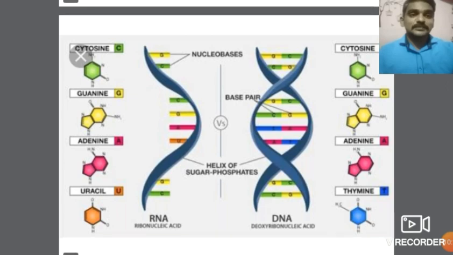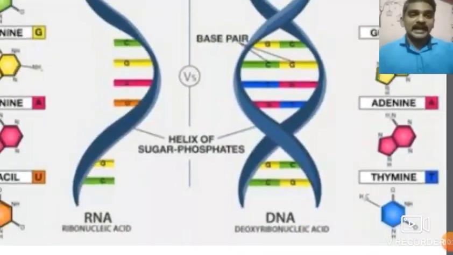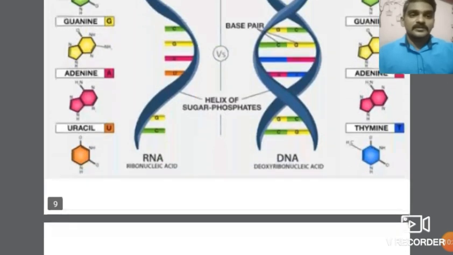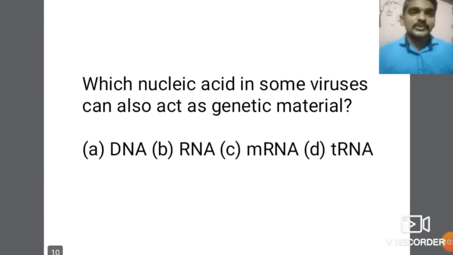RNA means ribonucleic acid. DNA means what? Deoxyribonucleic acid. So these are the two nucleic acids present in living organisms. No other nucleic acids are present, only DNA and RNA.